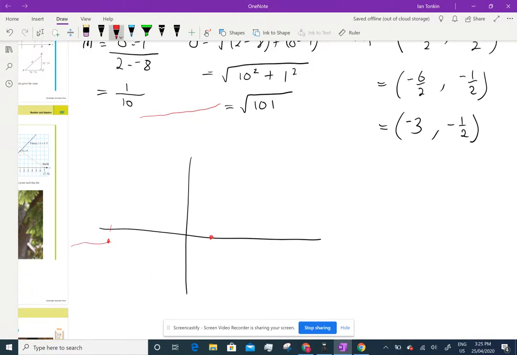So, yeah, the gradient looks right. But the main thing I want to check is this negative 3 and negative a half. Yeah, that looks about right. So I know that I'm in the right ballpark.